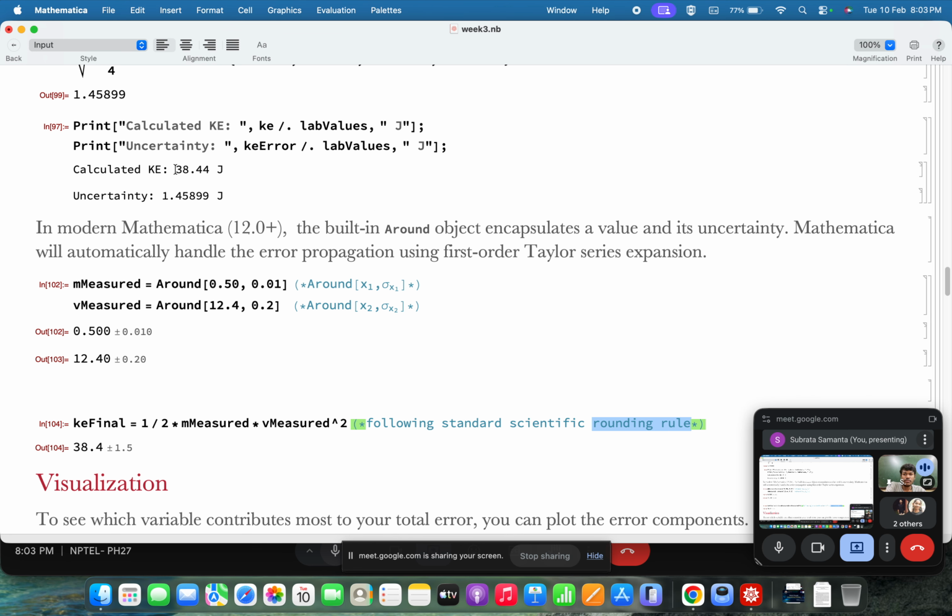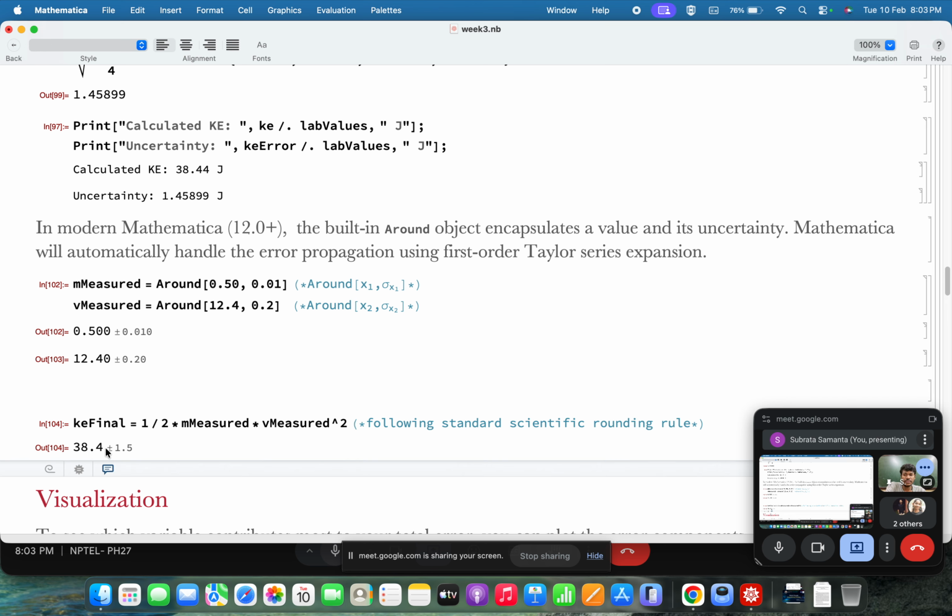In this case, the 38.4, the next digit is 4, which is less than 5, so 38.4 up to the third significant digit. And your error is 1.45899, so with significant digits it is basically 1.5. Since I use only one digit after the decimal point, I also use one digit after the decimal point in the error.